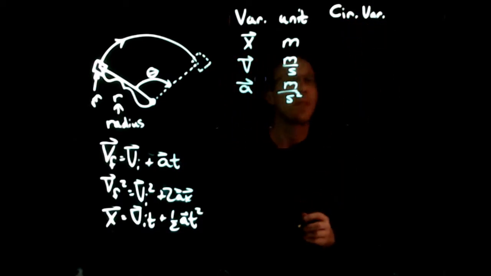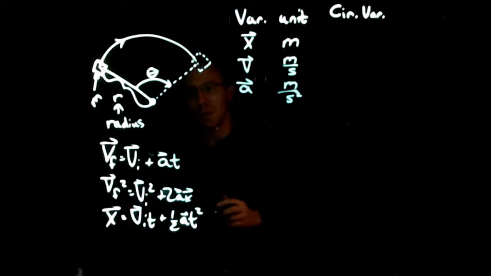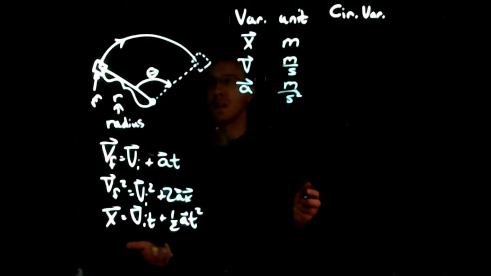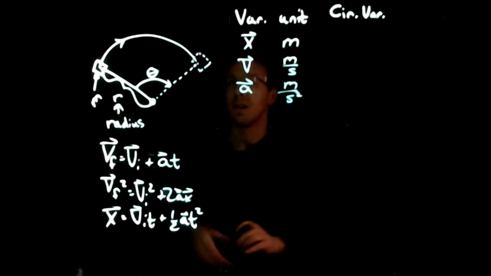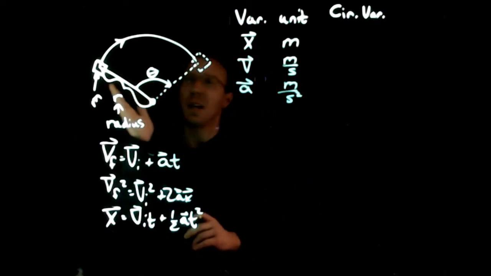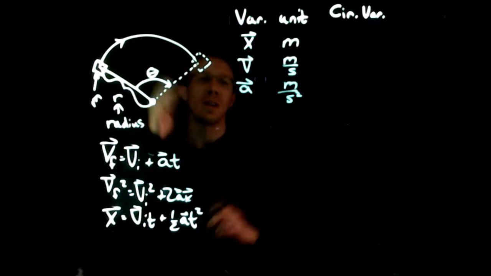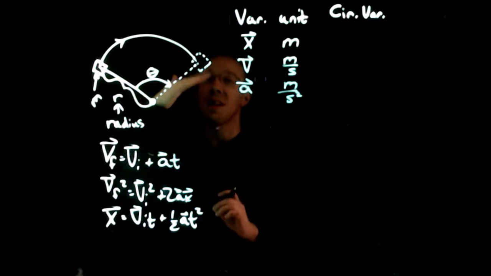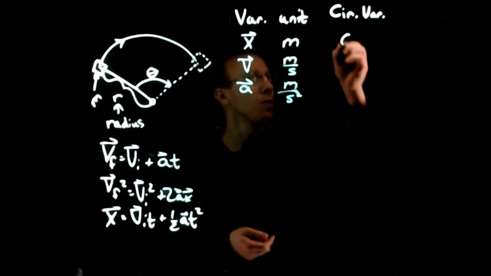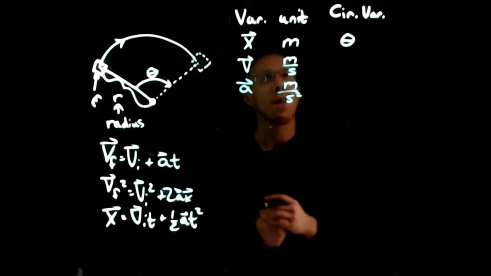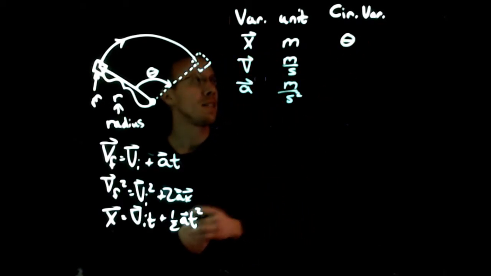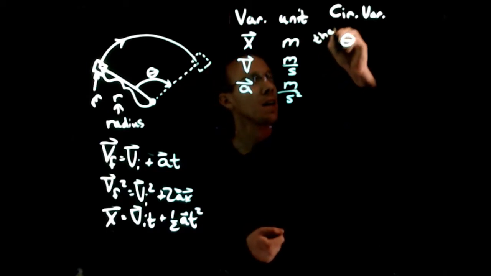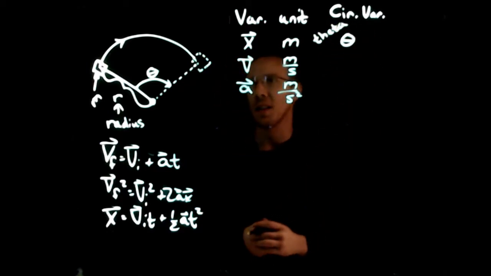Now, if I were going to look at the circular motion variables, what do you think they're going to be? Well, for x, we don't have a linear displacement anymore, but we do have an angular displacement, and we're going to substitute in theta, straight from your math class.